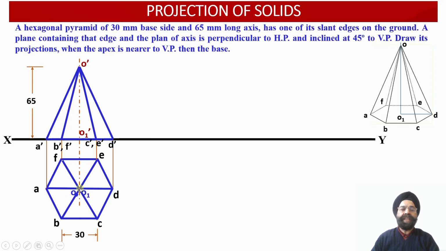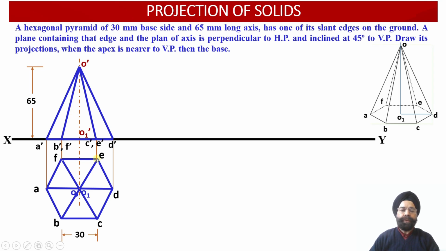Because the slant edge OB, which appears in the front face of this particular hexagonal pyramid, is overlapping with the rear slant edge OF. That is why the front view projection corresponding to the slant edge OB, that is O dash B dash, will be superimposed upon the hidden line projection corresponding to the edge O dash F dash over here.